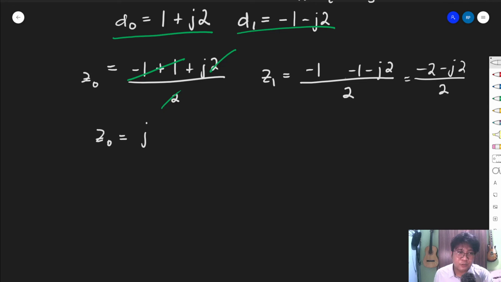Since common yun sa taas, mafa-factor out siya, then makakancel din siya dahil may 2 din tayo sa denominator. So cancel, cancel. We have z sub 1 is equal to negative 1 minus j. So this is our answer.